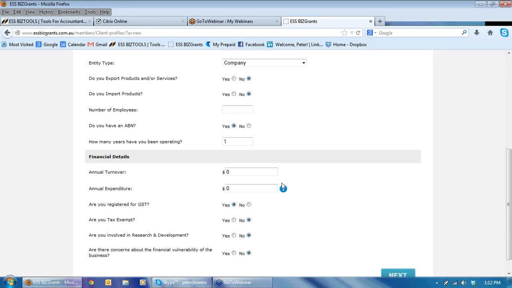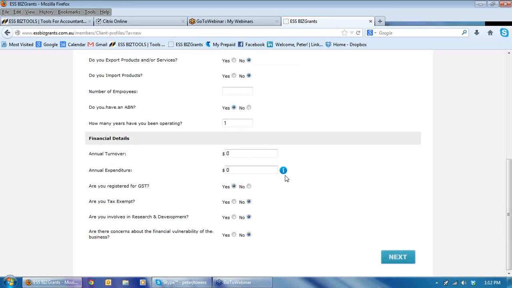It could be where a business has undertaken very large expenditure on research and development. They may have constructed a pilot plant, or they may have spent considerable sums of money on patent attorney advice looking for a patent. So that's the reason annual expenditure is there.